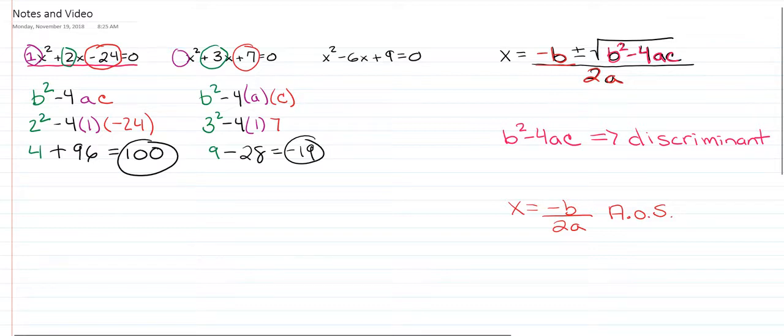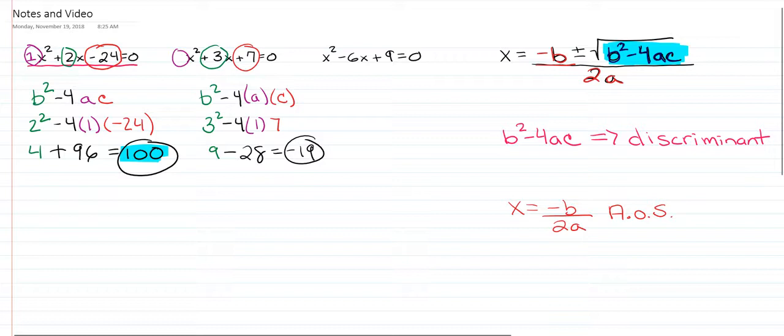if this here is giving me the number that is under the square root, then it's going to tell me if my answers are going to be real or imaginary. If I get 100, I could take the square root of that number.